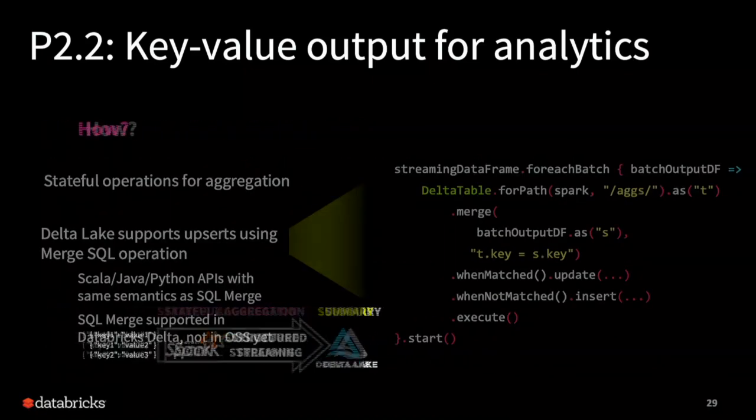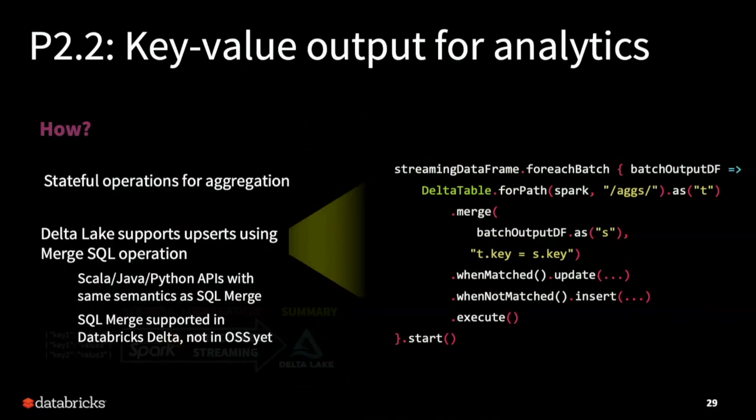And now Delta Lake supports this operation called merge, which is exactly like the SQL command merge, but we have Python, Scala, and Java APIs for expressing merge programmatically. Using that, you can combine structured streaming and merge together using this operation called foreachBatch.